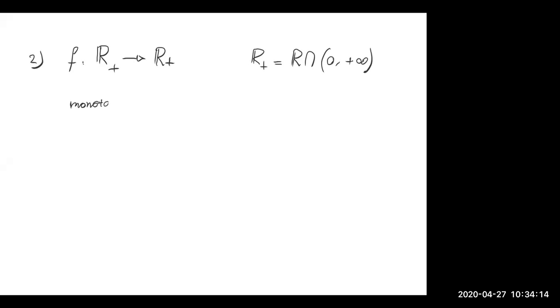Okay, so let's continue. For the second question, suppose f is a map from positive numbers to the set of positive numbers. R plus means the real numbers which are greater than 0. Here f is a monotone decreasing function.